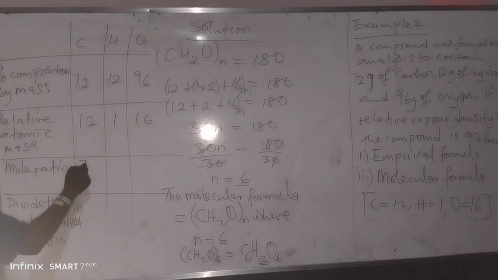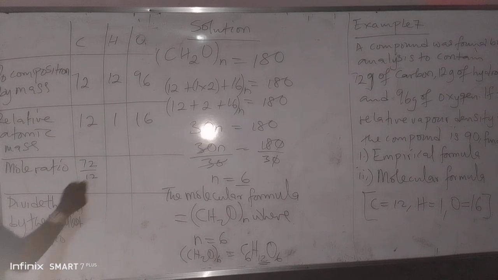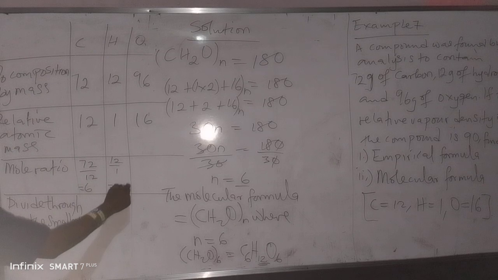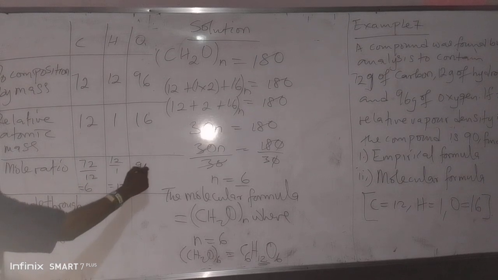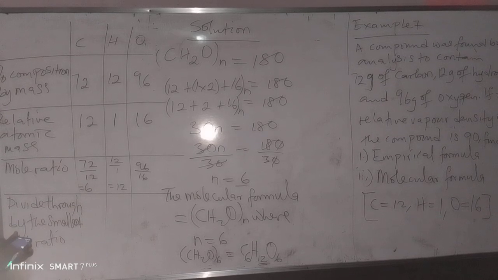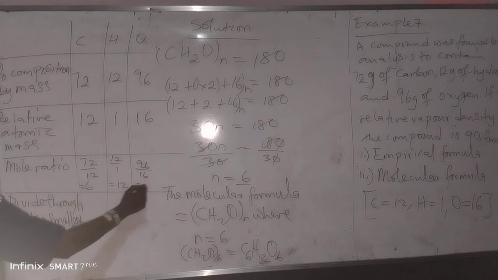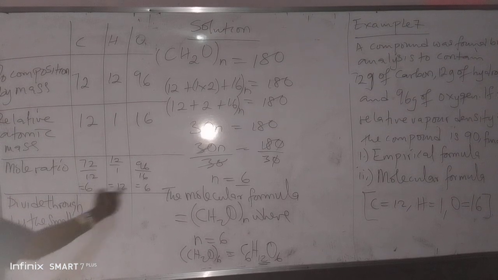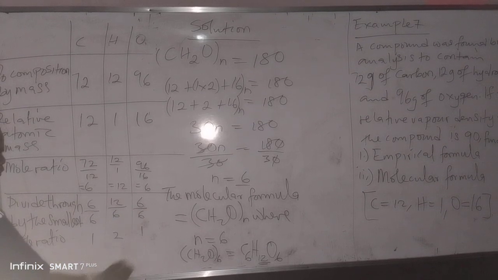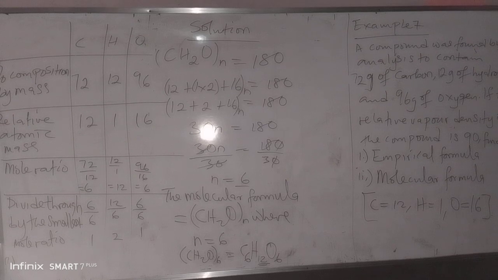So the mole ratio will be 72/12, that is 6; 12/1, that is 12; and 96/16, that is also 6. The smallest number here is 6. 6/6 is 1, 12/6 is 2, and 6/6 is also 1.